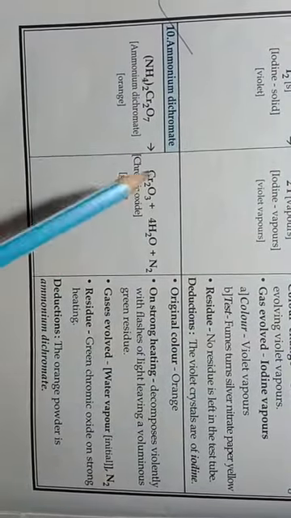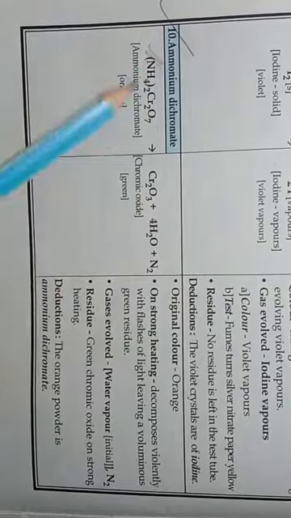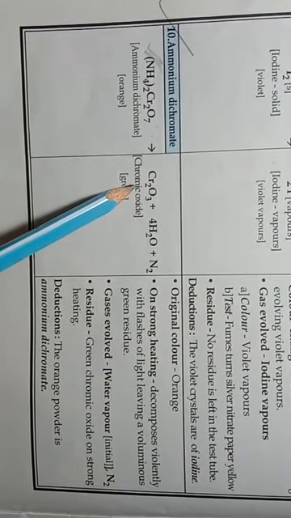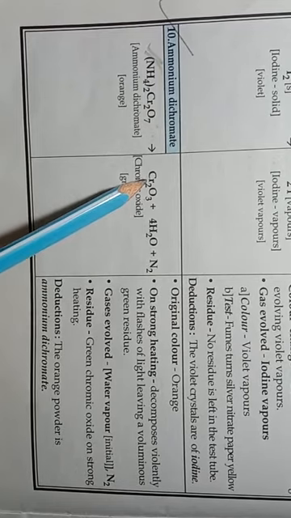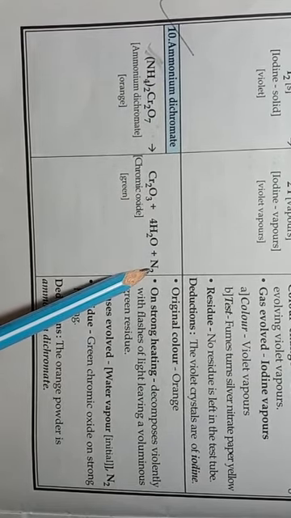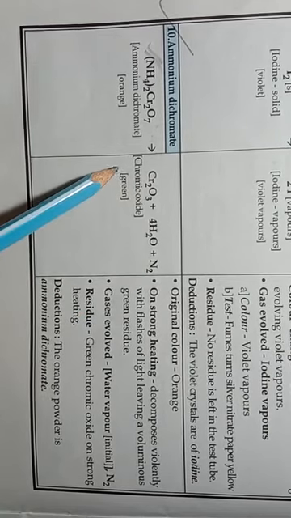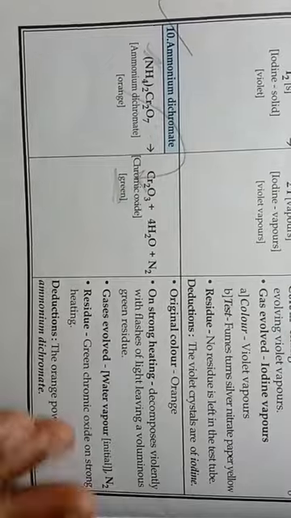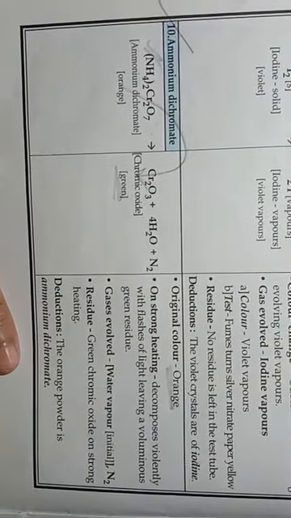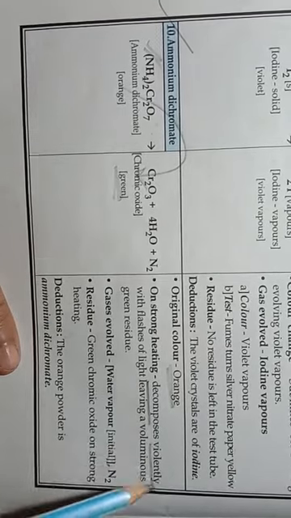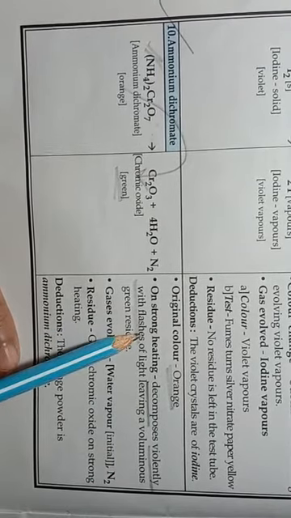Then last, ammonium dichromate, a very important salt. Ammonium dichromate on heating forms chromic oxide Cr2O3, H2O and N2. Chromic oxide is green in color. So from orange to green, the original color is orange, and it decomposes violently with flashes.